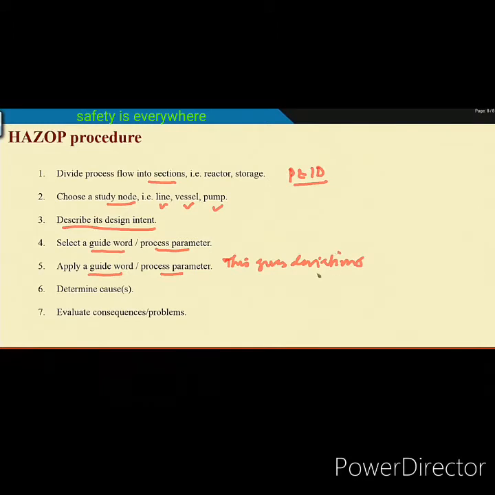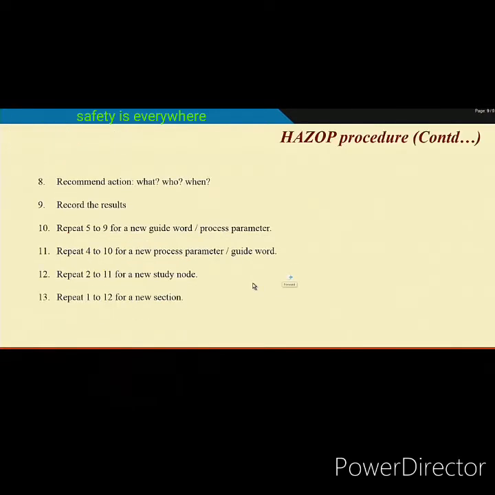Once you have the deviation, for every deviation identify causes, and also find the consequences. Then repeat. You have to repeat everything, but in between you write down some action: what to do, who will do it, and when it will be done.